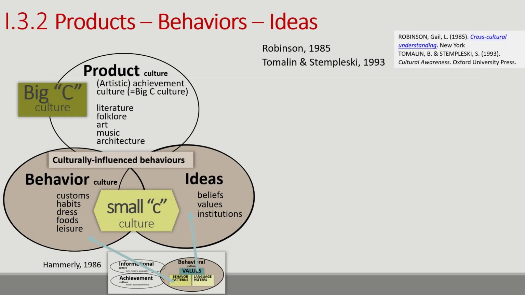Like in Hammerly, Tomalin and Stempleski's argumentation is also based on the idea that values, which are expressed through language and behavior, are essential for communication in the target language. Thus, culturally influenced behavior patterns and the ideas behind them are essential for developing cultural awareness or cross-cultural awareness.